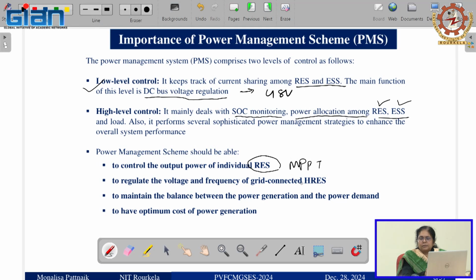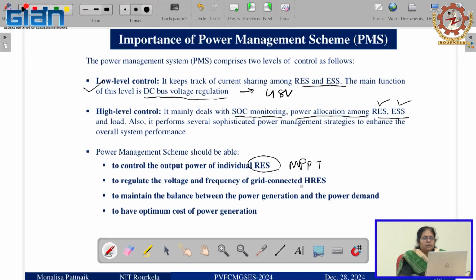Whatever the battery rating is, I already told you yesterday about the sizing of the battery. If it is a C10 battery, we cannot exceed the maximum current rating of the battery for charging. So those things should be considered while designing the system.